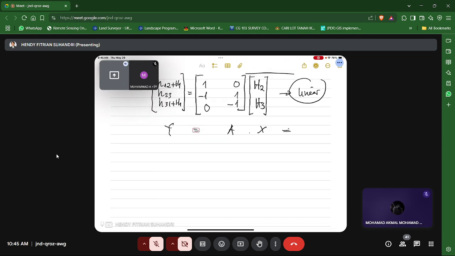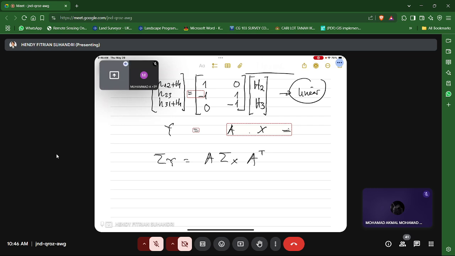Of course, we can calculate sigma y equals A sigma x A transpose. So what do we have here?